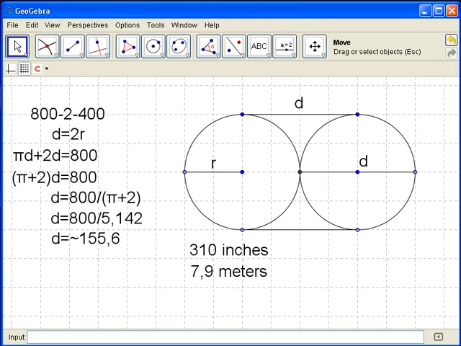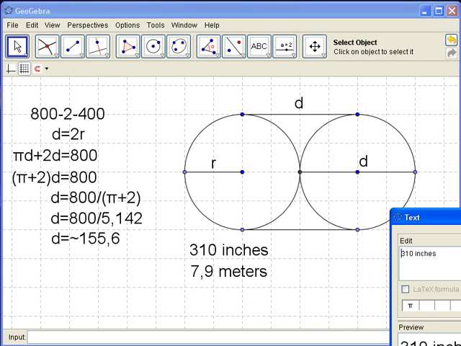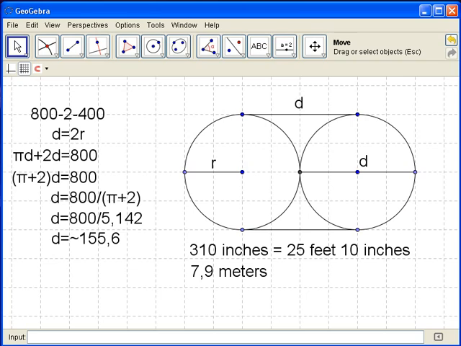Okay, 320 inches. What is that in feet? Ah, there we go.